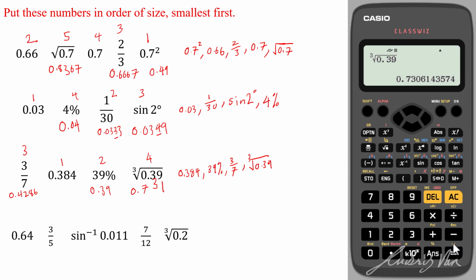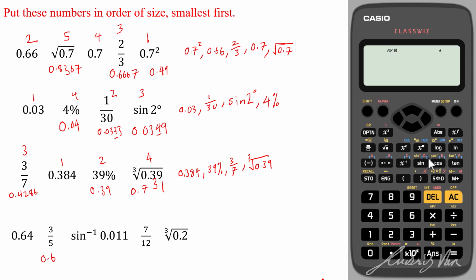Okay, finally for the last question, 0.64 is 0.64, 3/5 equal 0.6. Next, we have inverse sine or sine inverse.